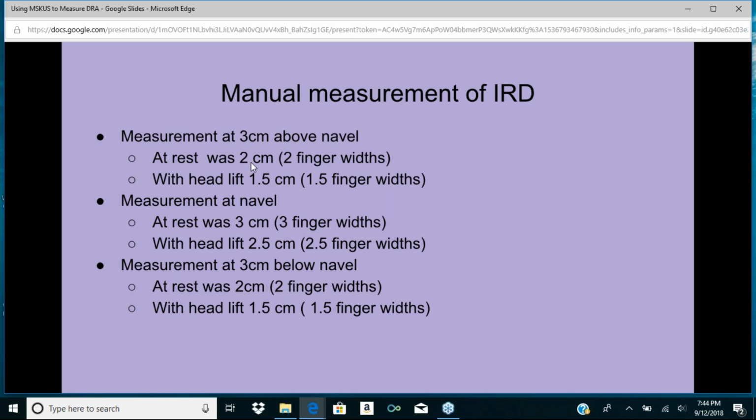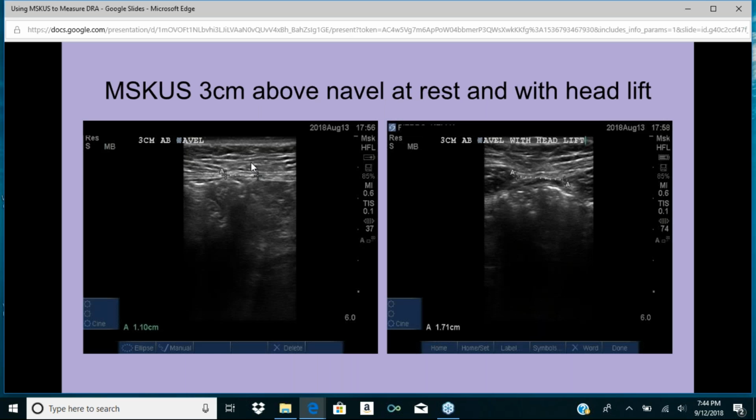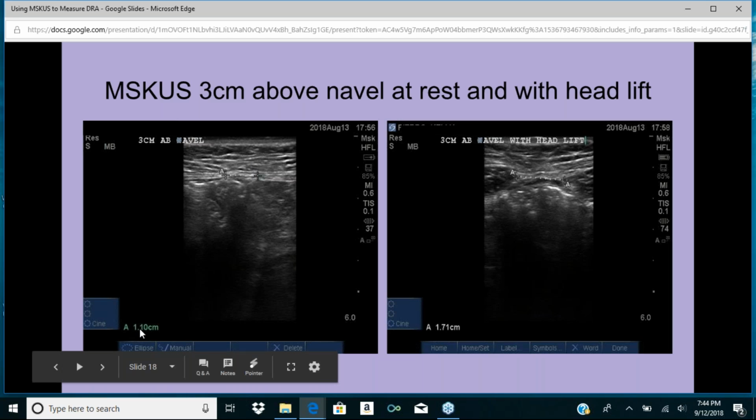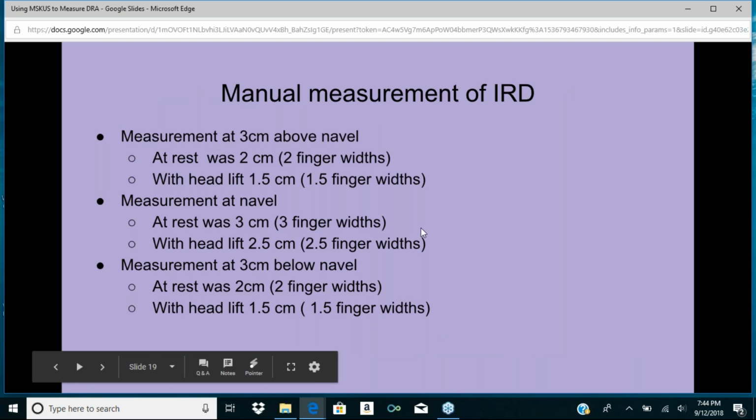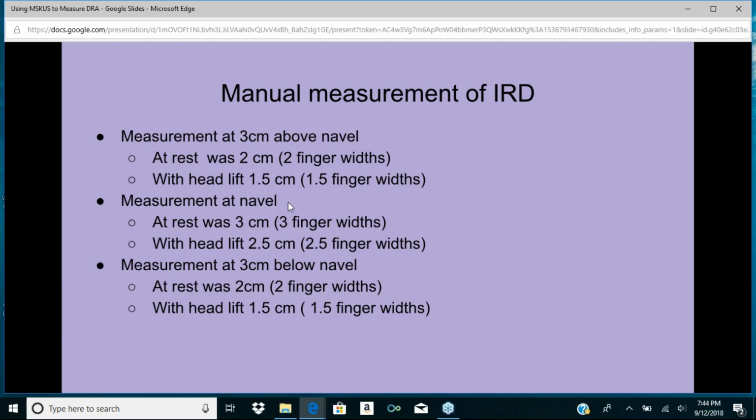When she did a head lift, I came up with 1.5 fingers. If you look above the navel, when I measured it with the MSKUS, I only had about 1.1 centimeters, and with the head lift, I had 1.7. So it was a little bit off in the measurements.